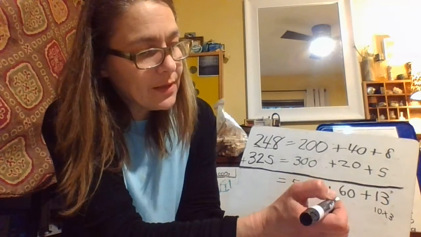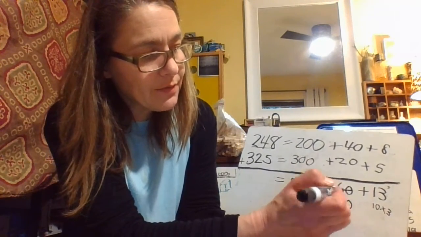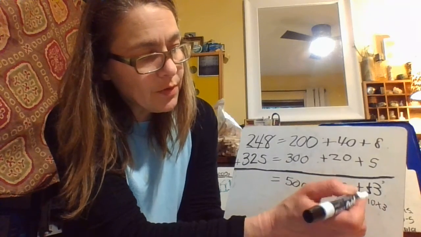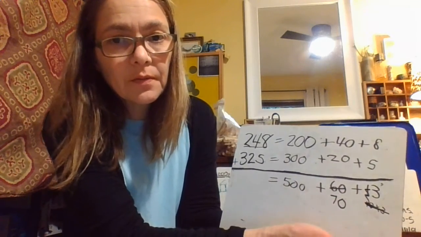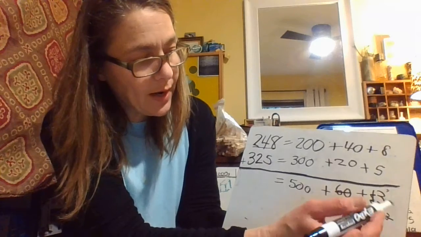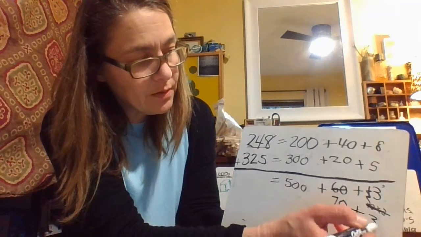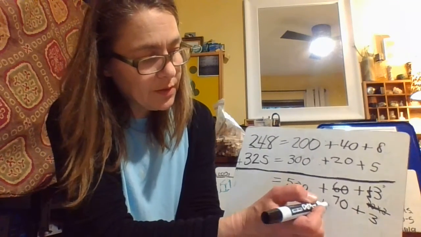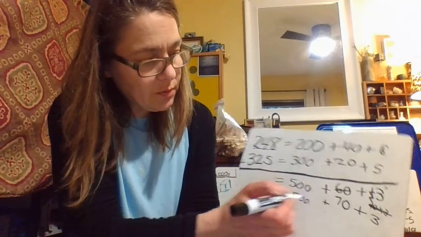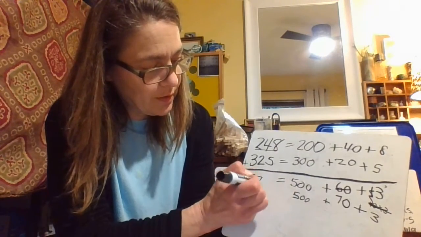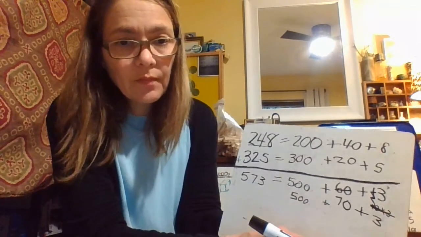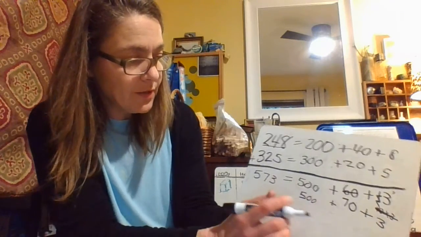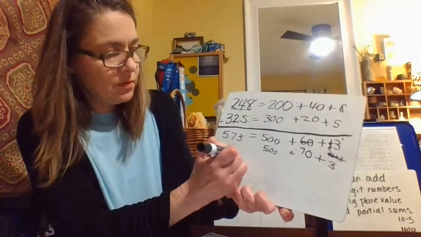So I will add the 10 to the 60, and that makes it 70, and that leaves me with 3 here. Okay, so I have 3 plus 70 plus 500 equals 573. Okay, and this is how I do partial sums.